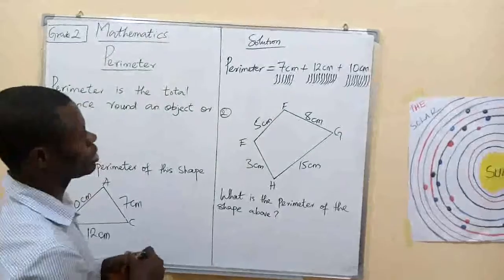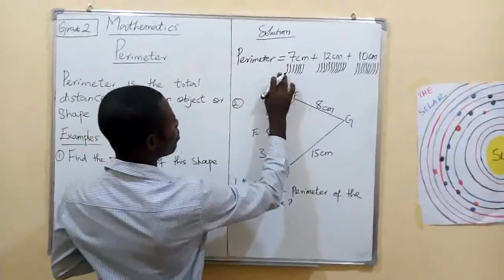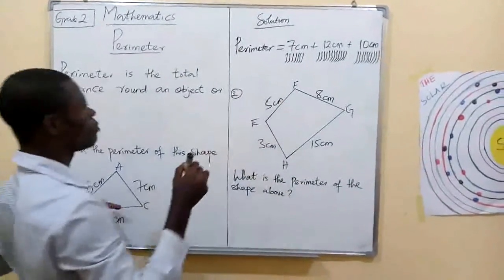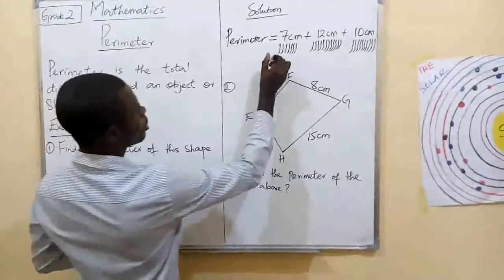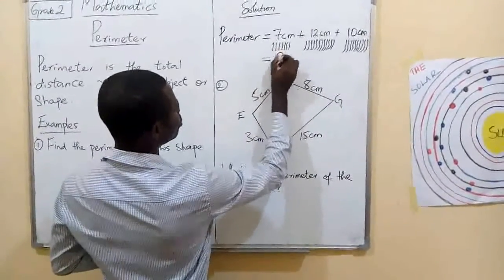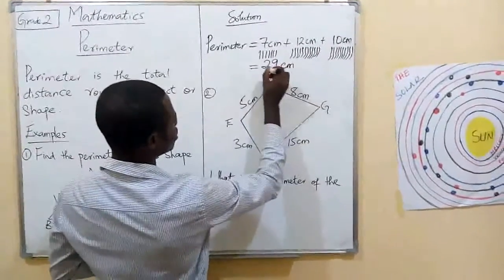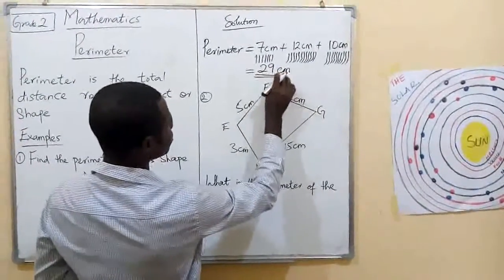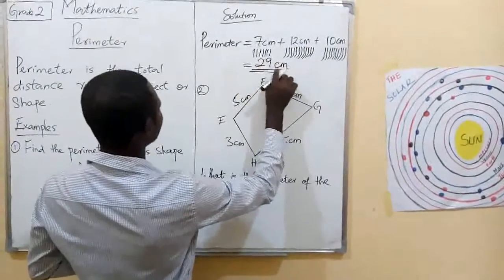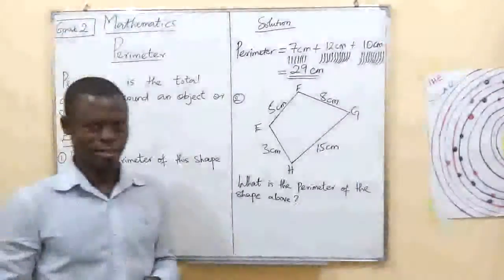Alright, we have 29 centimeters here. So the perimeter of this shape is equal to 29 centimeters. 29 centimeters. I hope you are following what we are doing here.